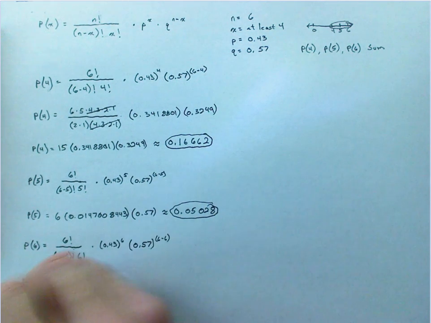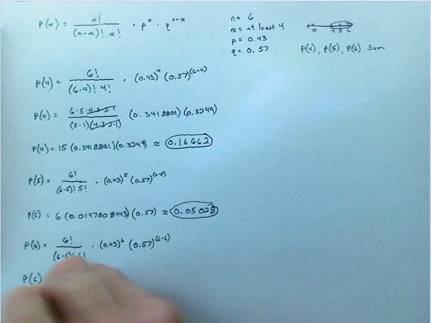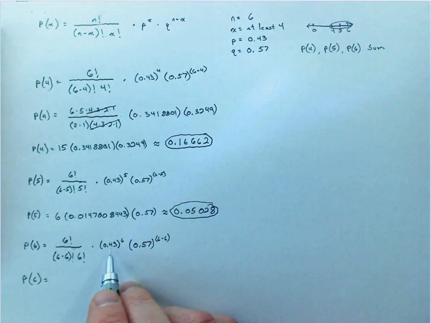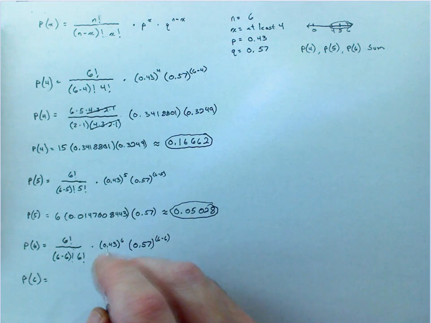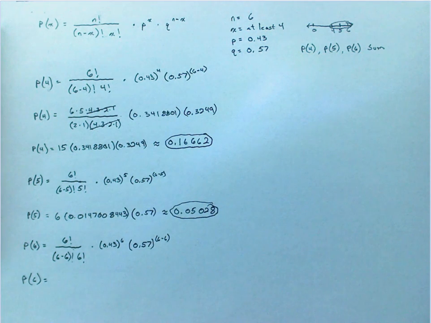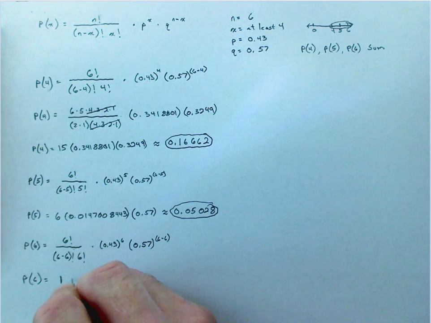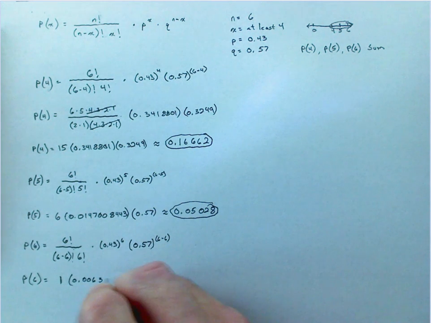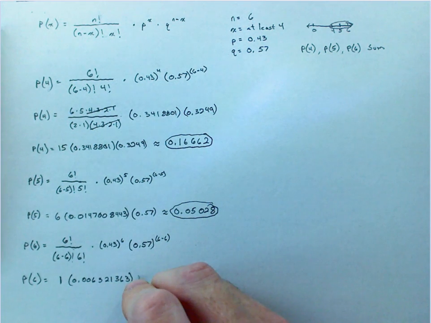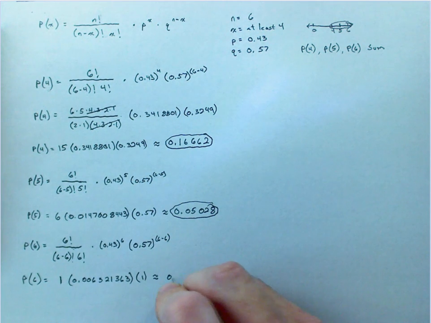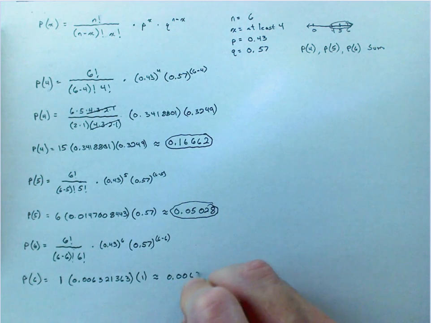So the probability of 6 successes out of 6 tries is simply 0.43 to the 6th power. This one becomes 0.00631363, which is approximately 0.00632.